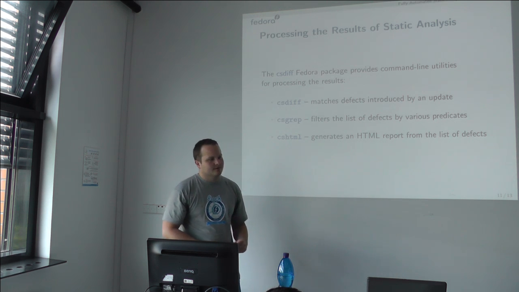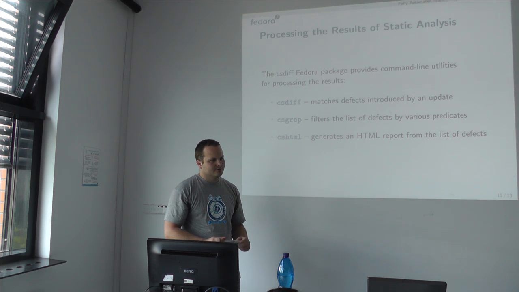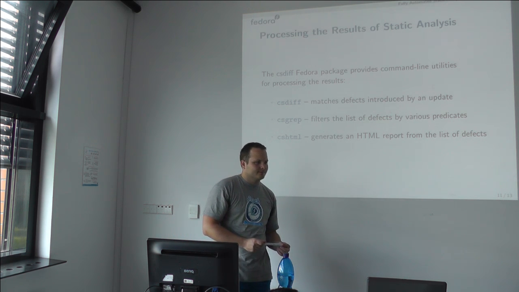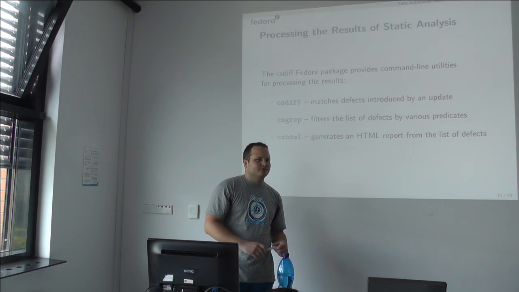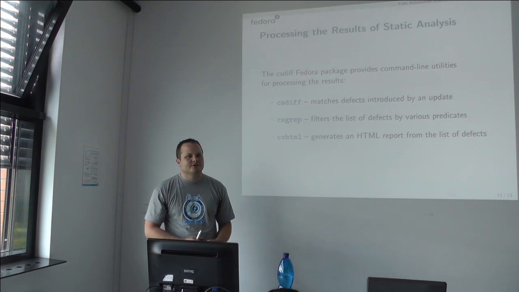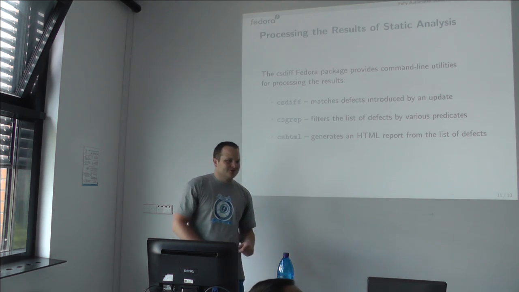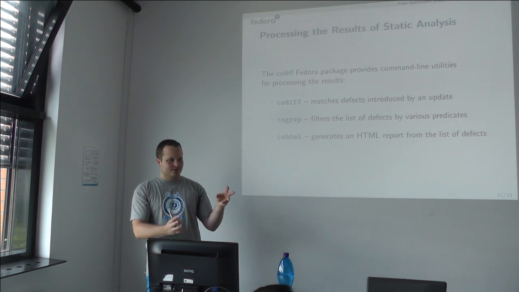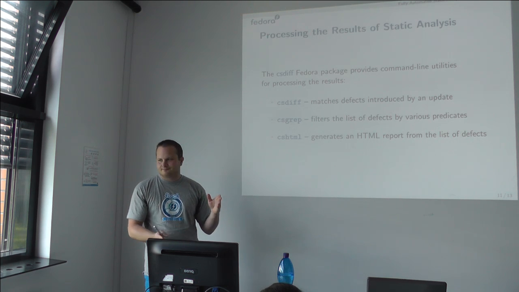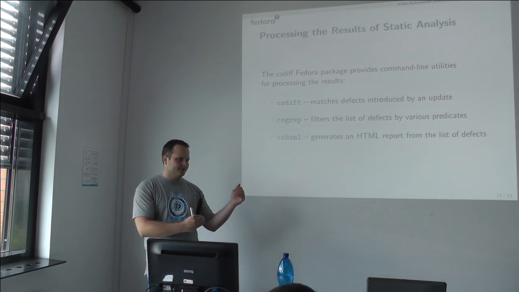I guess I'm just curious about one question. Often when code changes, bits move around. So how do you tell an old defect that's moved down 30 lines from an actually new defect? The trick is that we don't check the line numbers. Good, yeah. Because usually the diagnostic message is unambiguous enough to identify the defect.